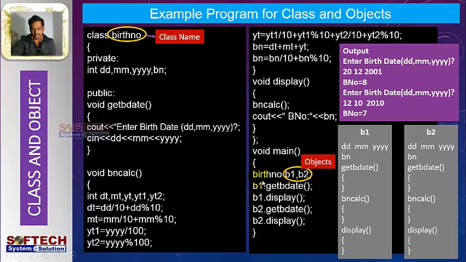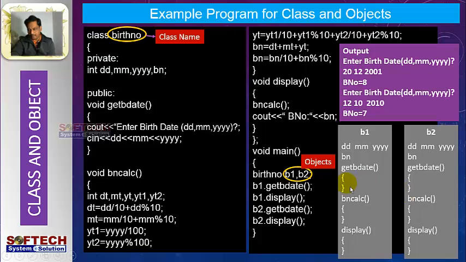In the main function, birth number is a class name. B1 and B2 are objects. So B1 is a copy of birth number, B2 is also a copy of birth number. B1 takes a copy of all members from the birth number class. So dd, mm, yy, bn, getDate, display. It takes a copy of all members with definitions. Here we put only the opening brace and closing brace, but it includes the definition also.